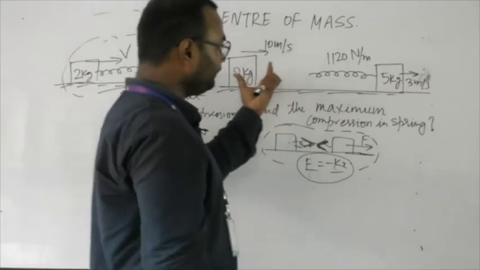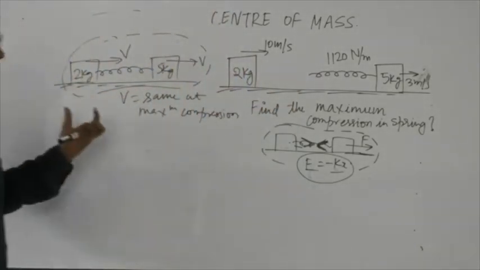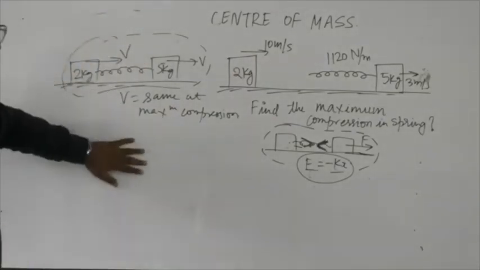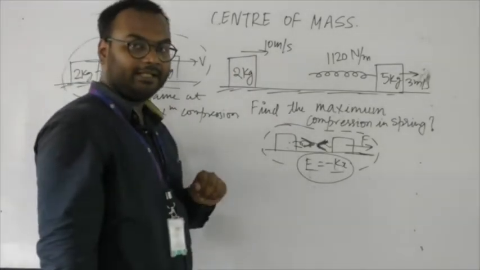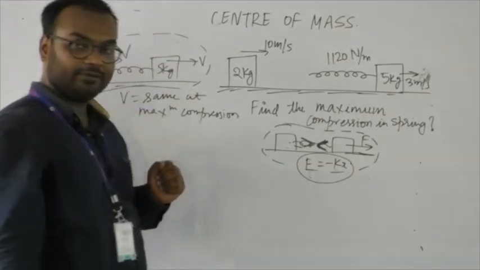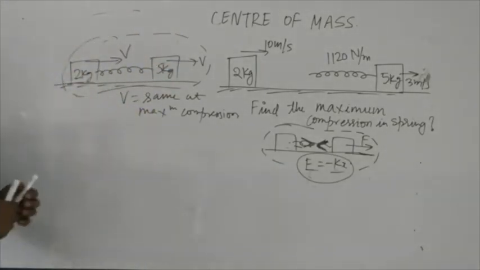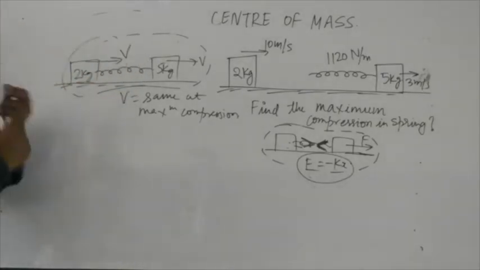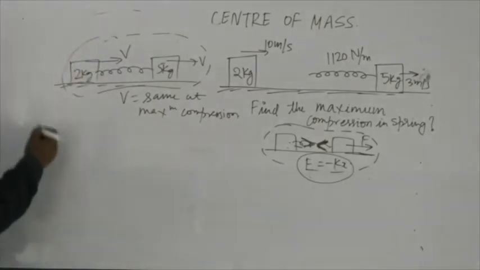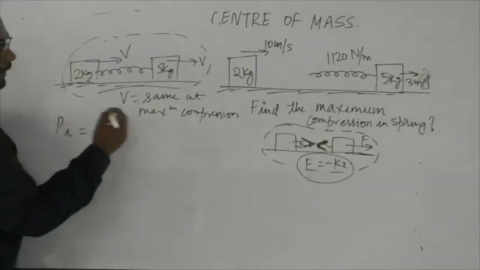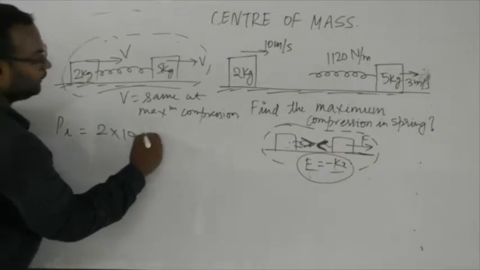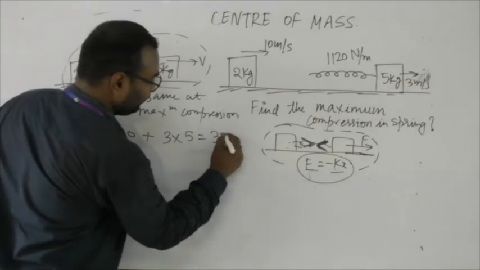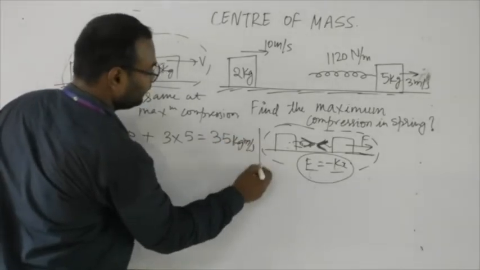First, you will conserve momentum because net external force is 0. Then we will use the conservation of mechanical energy because there is no external force, so EF will be equal to EI. Let's do it first. The initial momentum you write as 2 into 10 plus 3 into 5, which is 35 kg meter per second.